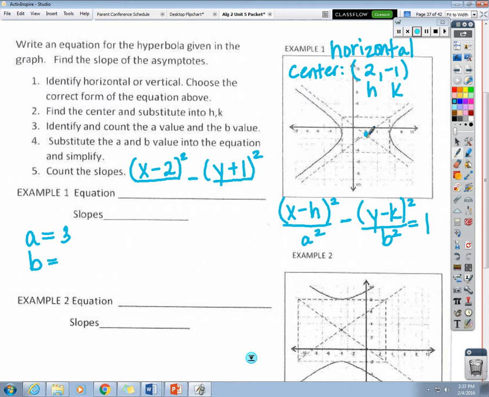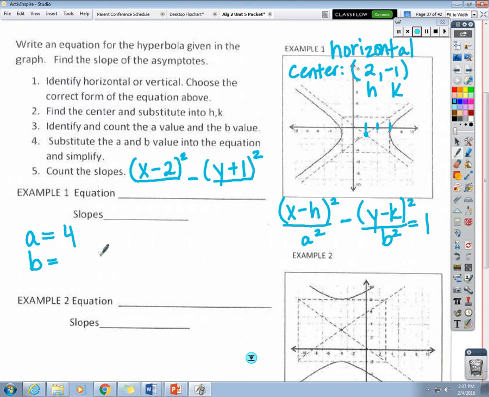Hold on a second. I got 4 for a on my paper. I'll show you. It's a bad graph, so it's hard to see. So let's count it out. They're numbered by 2s. Like this is at 2, 4, 6. So from there to there is 4 units. Okay? It's okay. It's a bad graph.